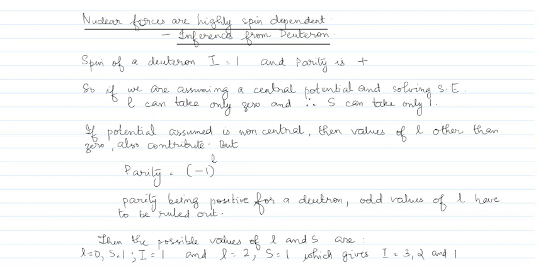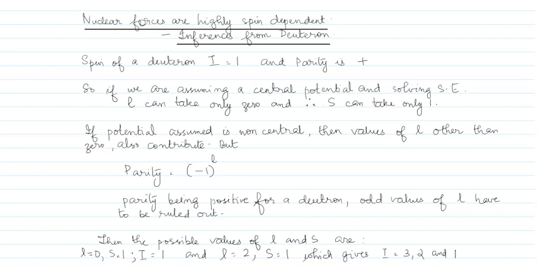In the deuteron problem, if we are assuming a central potential and solving the Schrodinger equation, the assumption of a central potential places a restriction on the value of L, that L can take only the value 0, because a central potential has only R dependence and Y_LM(theta, phi) is a constant, so there is no L dependence.